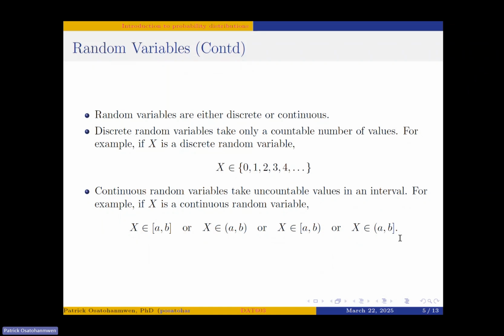For example, if I perform an experiment, I can design the experiment in such a manner that the outcome of that experiment, if I use the random variable to transform the outcome, gives me observations that are not essentially discrete.